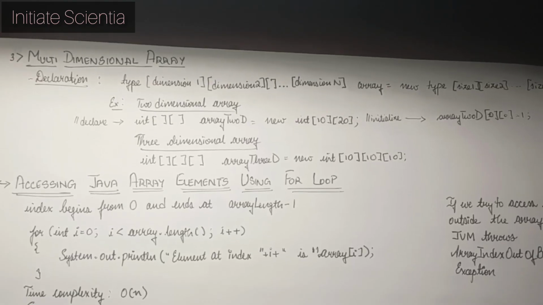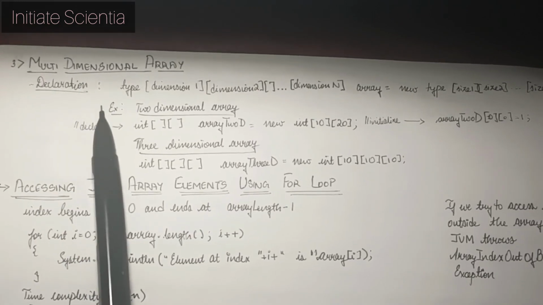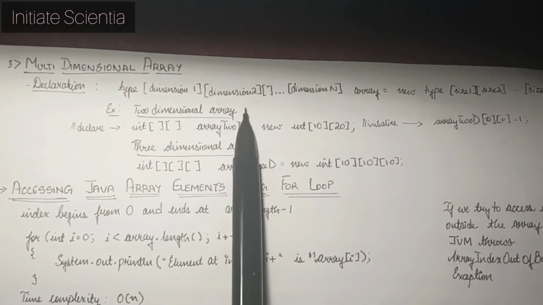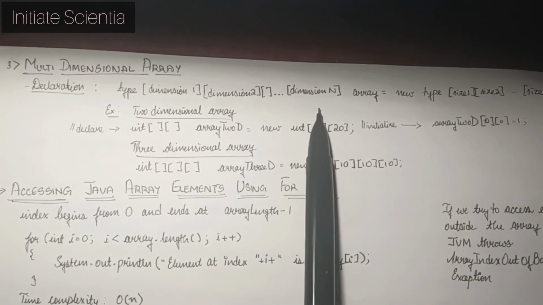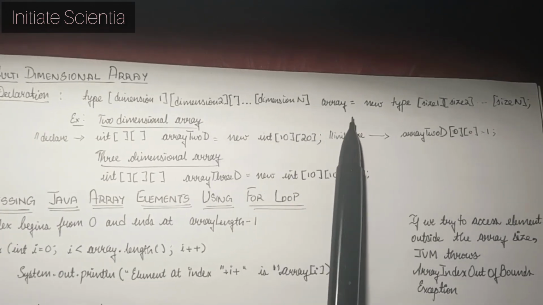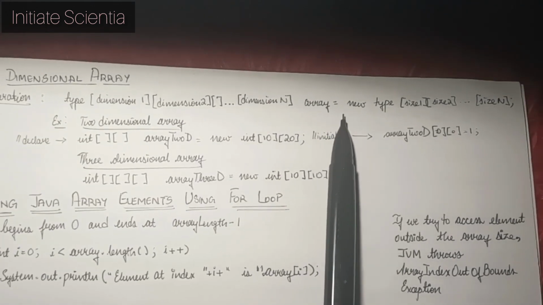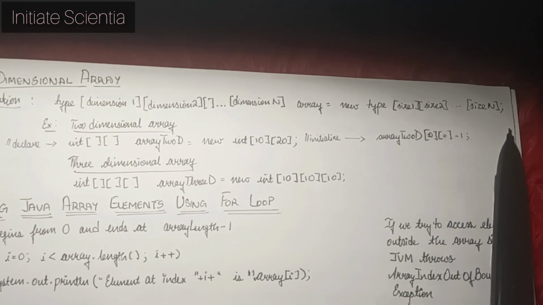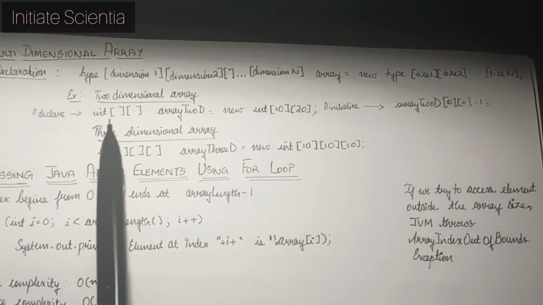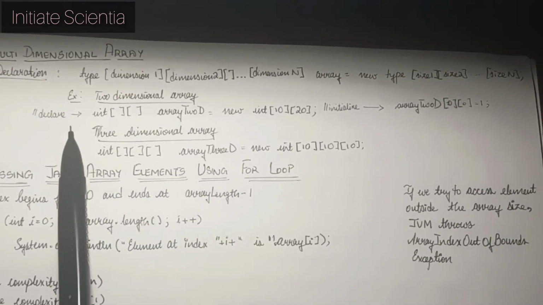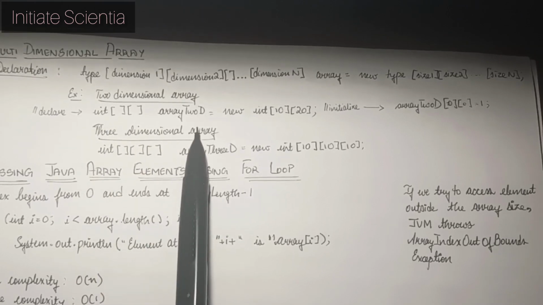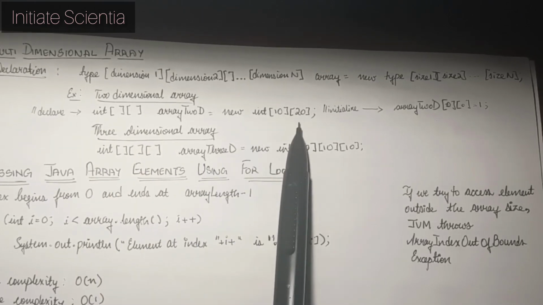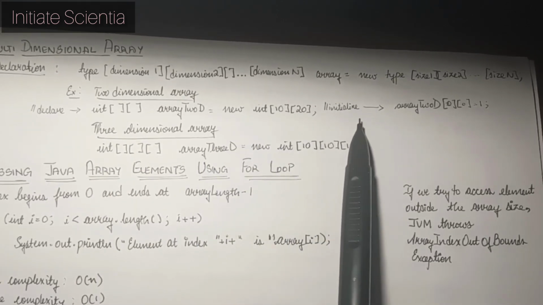And next, it's the multidimensional array. Declaration: type, dimension 1 and 2, and so on till dimension n. Variable name array is equal to new type with size 1, size 2, so on till size n. Example for a two-dimensional array: declare integer array 2D is new integer of size 10 and 20.